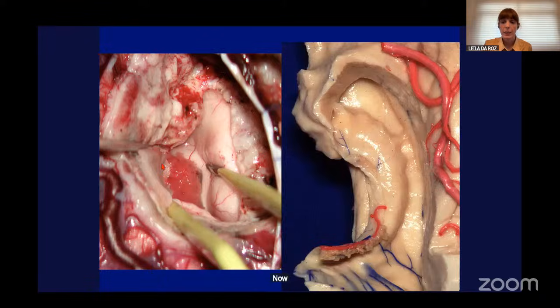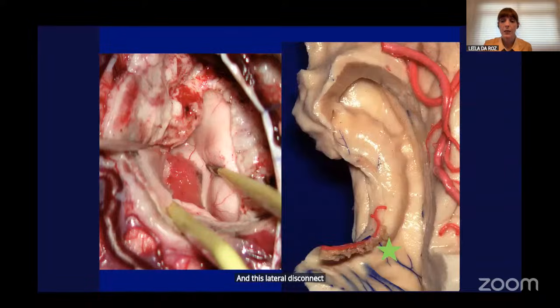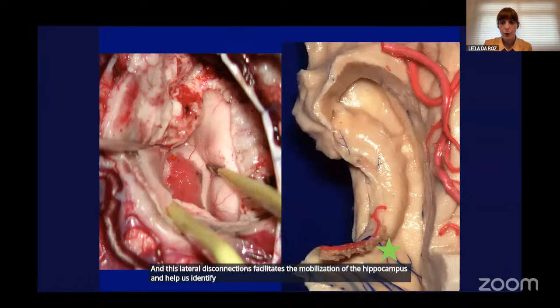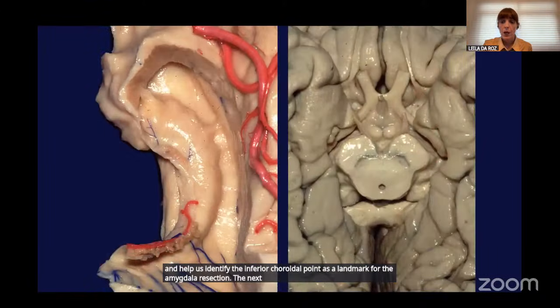Nowadays, we're generally beginning with the lateral disconnection of the hippocampus up to the collateral trigone. And these lateral disconnections facilitate the mobilization of the hippocampus and help us identify the inferior choroidal point as a landmark for the amygdala resection, the next step.